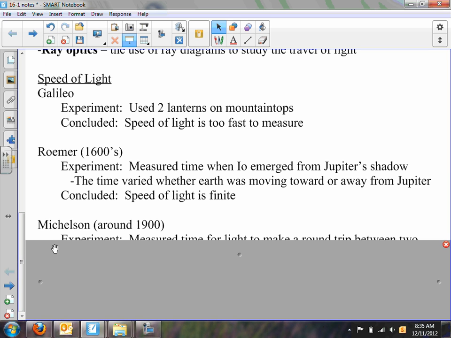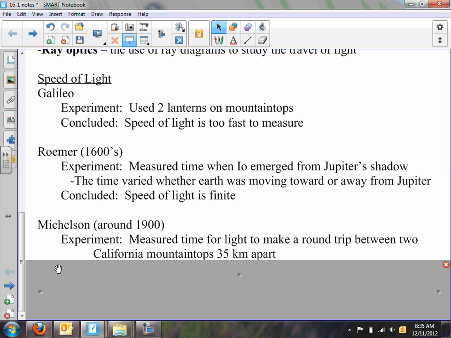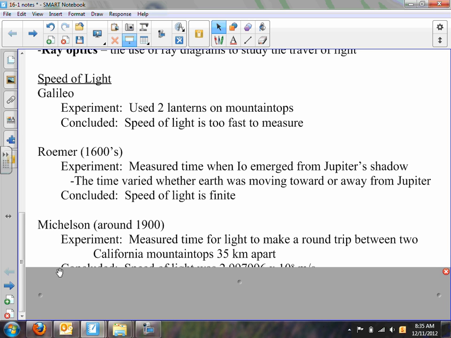Then, around 1900, Michelson performed an experiment with kind of the same idea as the California mountaintops. He set up a vacuum tube 35 kilometers long and sent a laser beam through the tube. When it hit the other end, there's a mirror, so it reflected back, so you're really getting twice the distance.